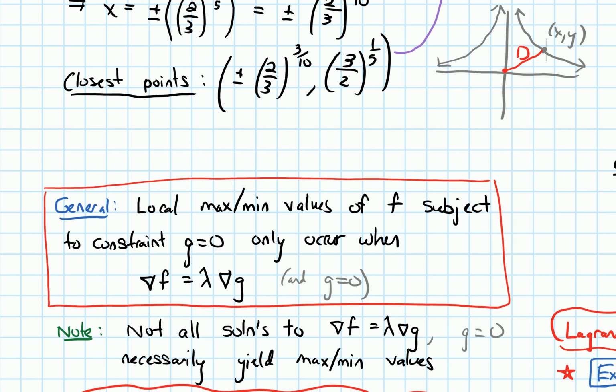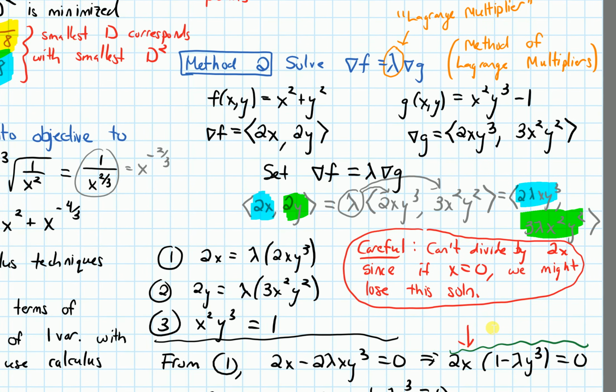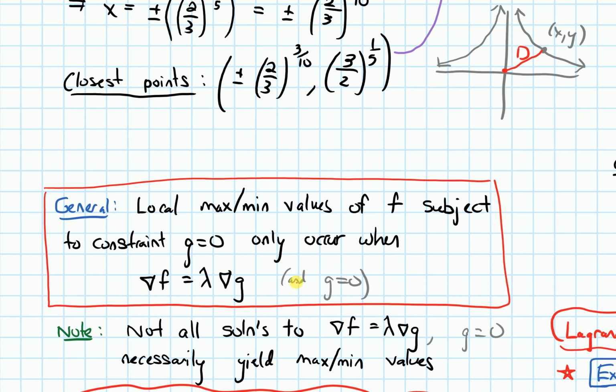If we remember what we did with Lagrange in this problem, we didn't just write down the first two equations that came from this gradient equation from setting the components equal. We also got to work with a third equation, which was our constraint. And that's what this means when we say g equals 0. It means you also consider the constraint as part of your system of equations.